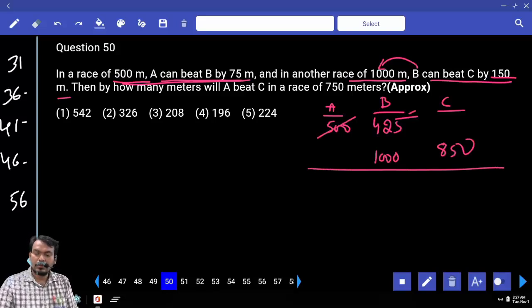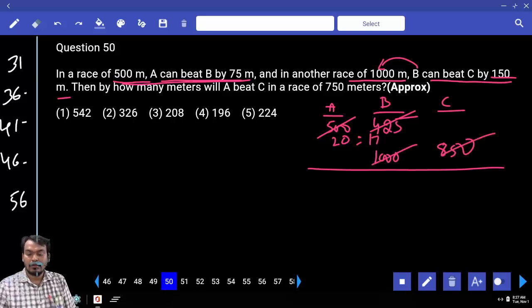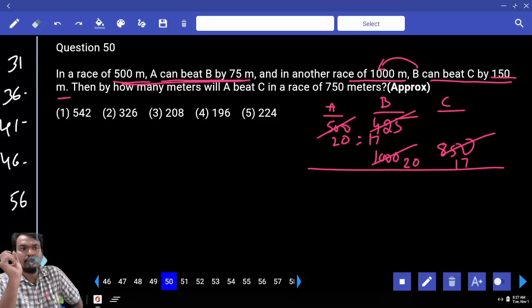What is the ratio here? 500 to 425 is 20 to 17. 1000 and 850 ratio is also 20 to 17. One is the A to B ratio and the other is the B to C ratio.